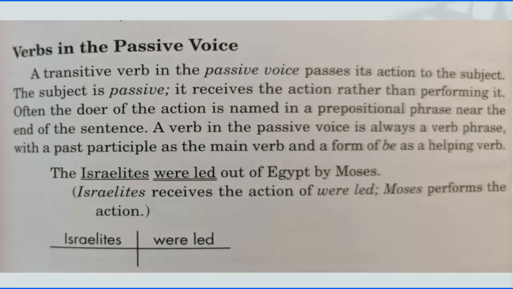Well, that would be Moses, and out of Egypt. Those would pop up as prepositional phrases under your verb. So the Israelites are receiving the action, instead of it being passed on to a direct object. So clues for the passive voice: look for that helping verb and look for those prepositional phrases coming at the end. And that will almost always clue you in that you've got passive.